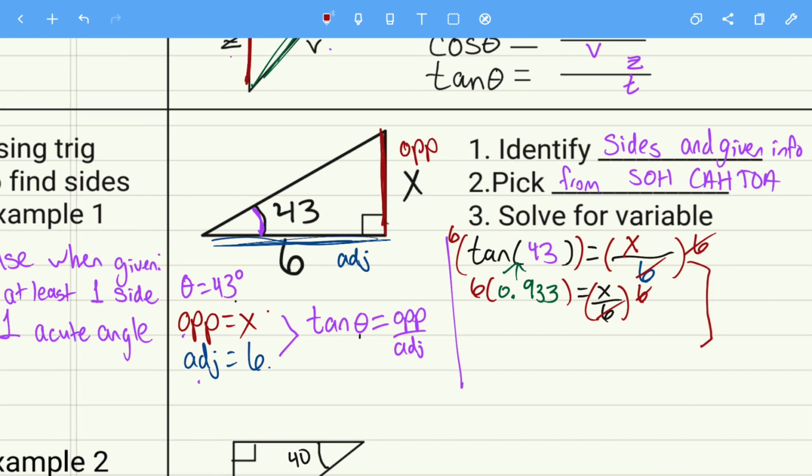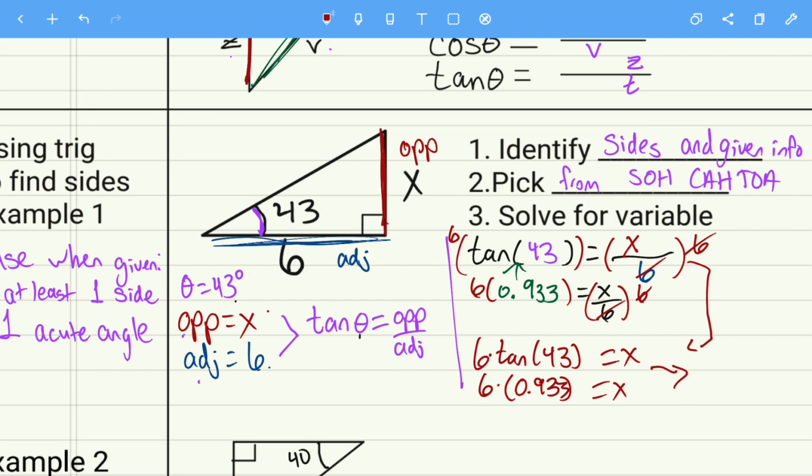Now here, that will leave you with 6 times tangent 43 equals x, which is the same as 6 times 0.933 equals x.